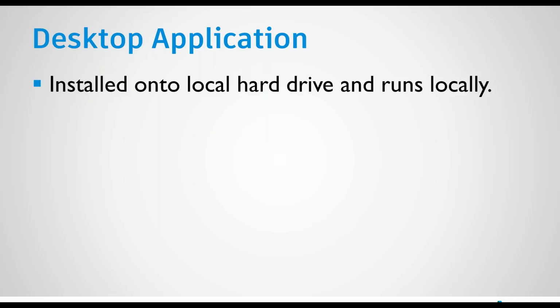And I also said it's a web or cloud-centric desktop application. First, the desktop application part of that definition. When you go to the Fusion 360 website, you can install Fusion from there. So it's installed onto your local hard drive, and it runs locally on your computer.